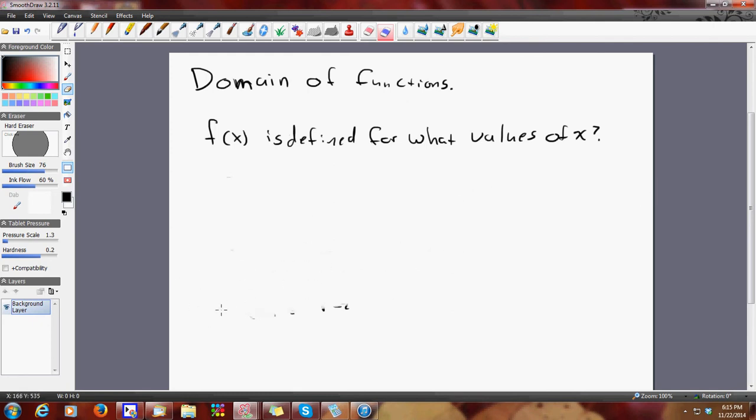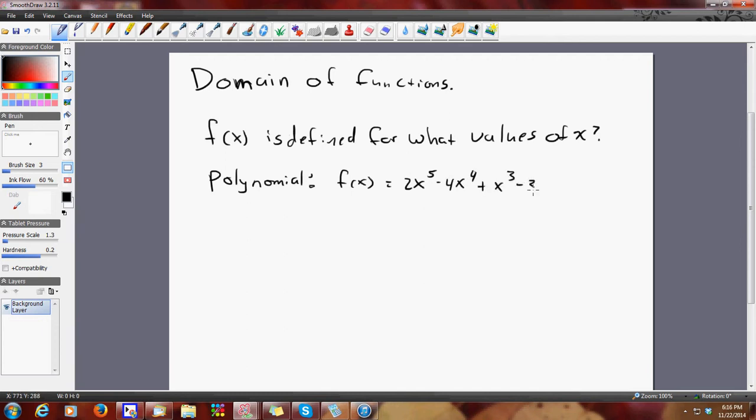And these are three types of functions that you might run into and have to do a little bit of explanation. So the first function is a polynomial function. Now, a polynomial function is something that looks like this. F of x equals, say, 2x to the 5th minus 4x to the 4th plus x cubed minus 3x squared plus 5x minus 2.